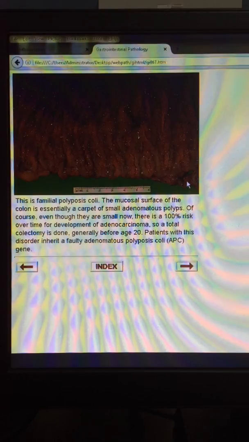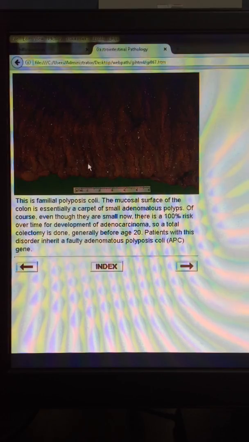This part of colon also contains polyps, but in this case there are numerous polyps, actually hundreds and thousands of polyps scattered all over the colon wall and the mucosal surface of the colon. This case is known as familial adenomatous polyposis.